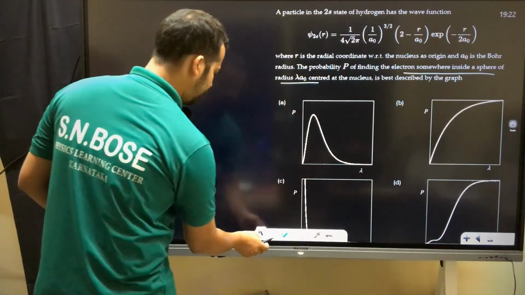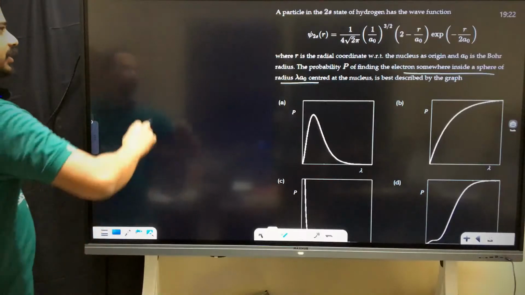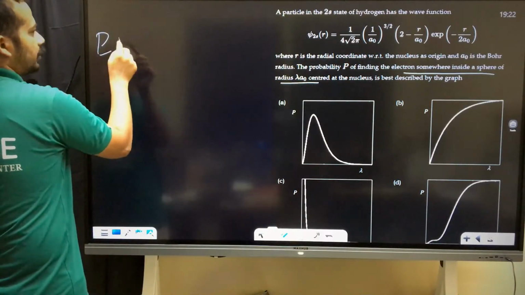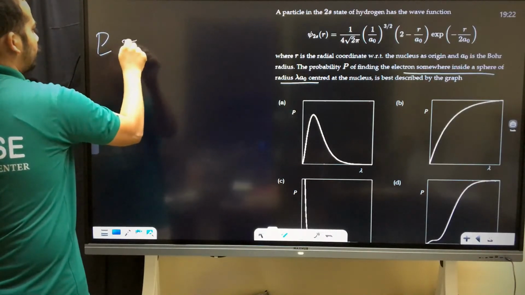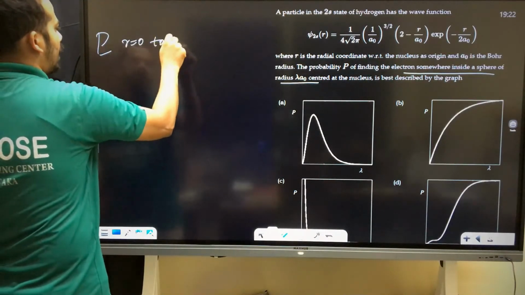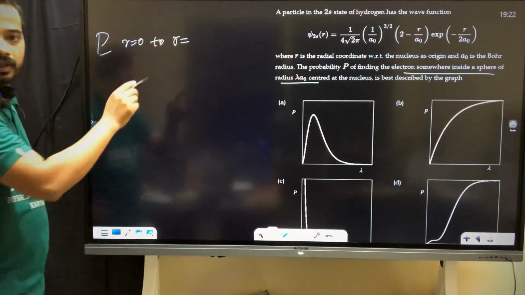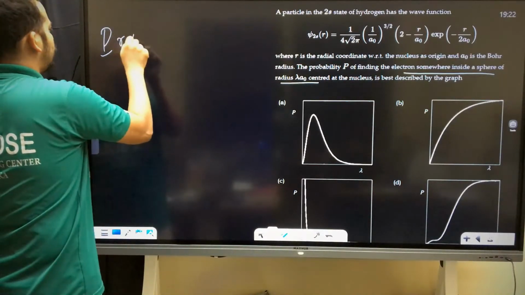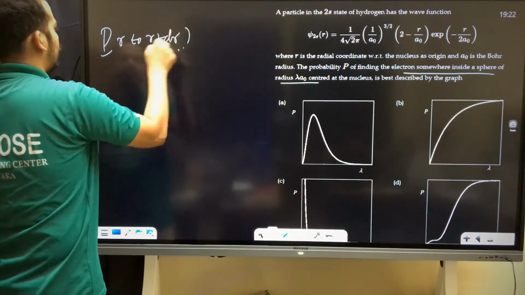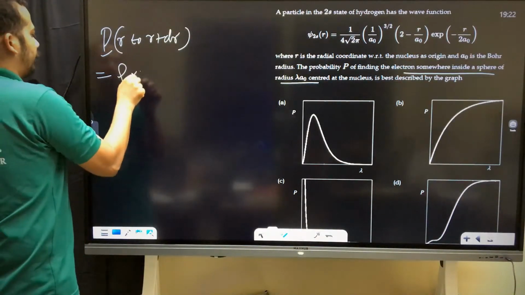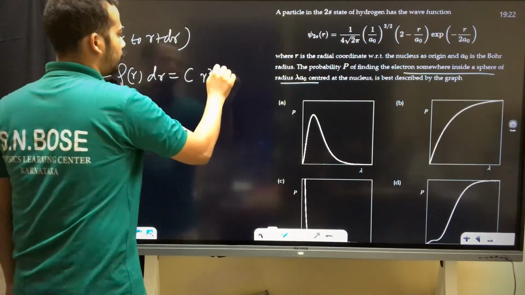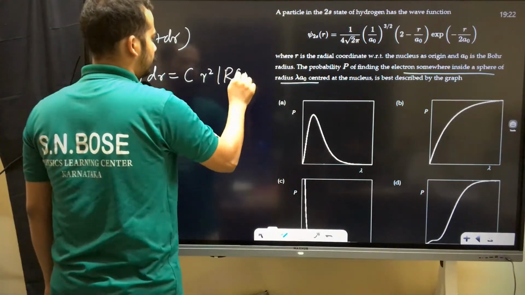So what I'm saying is, the probability of finding it from r to r plus dr, I call that rho of r dr, which equals some constant into r square into mod R of r, the whole square.